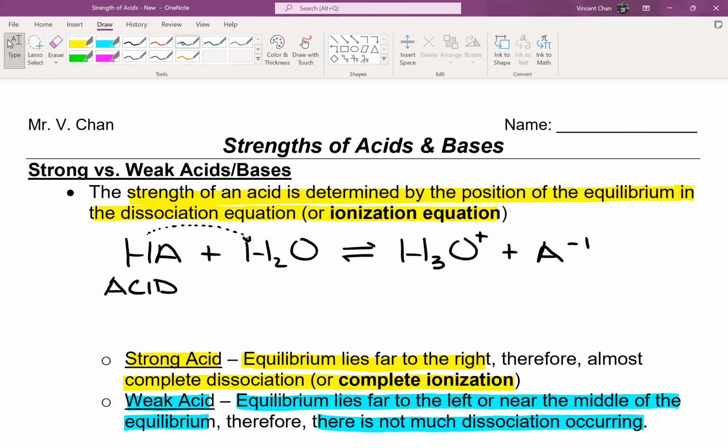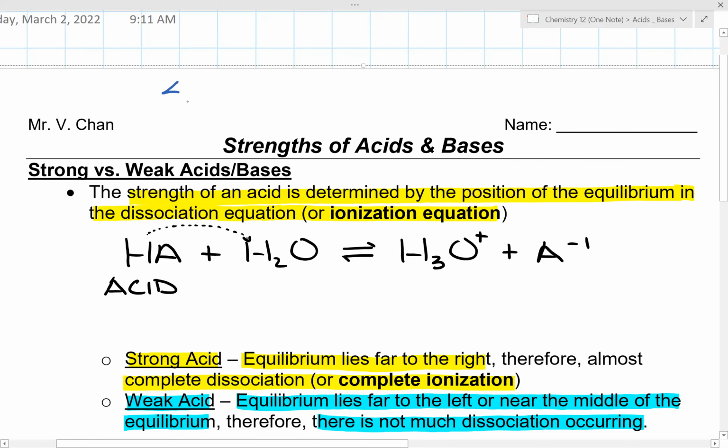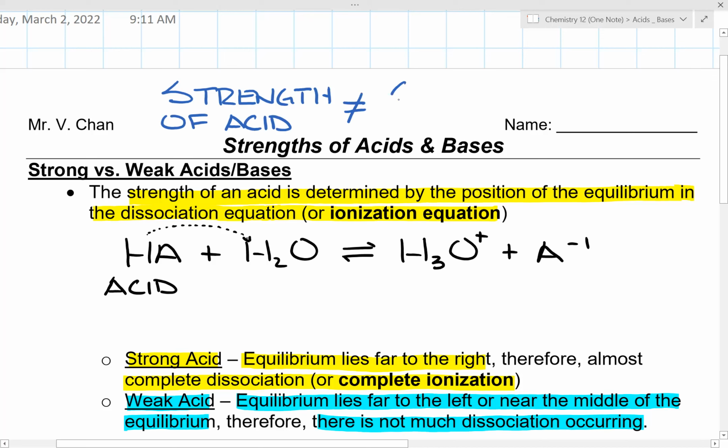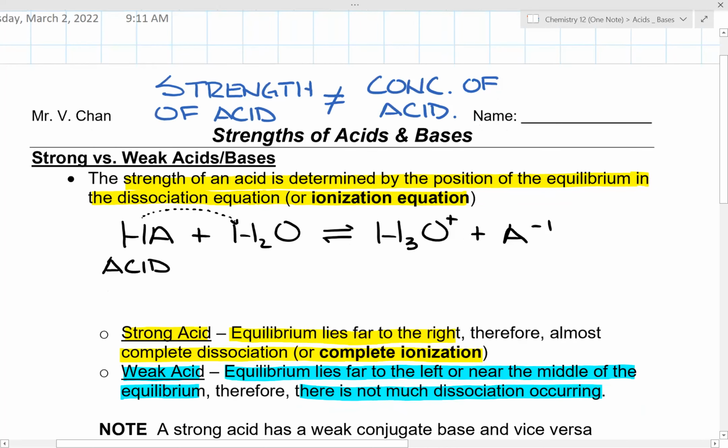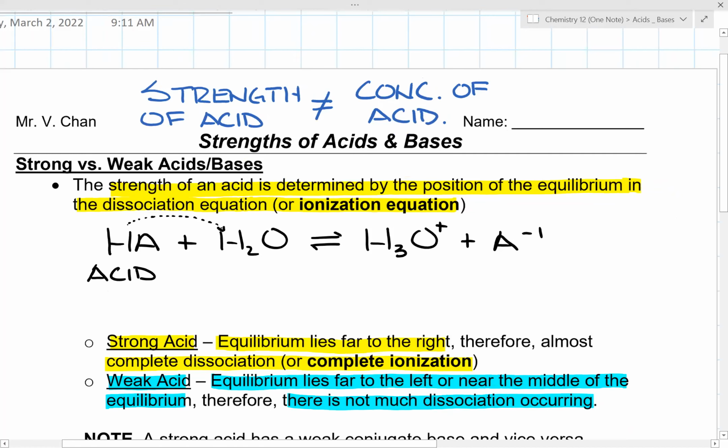Okay. Now, one thing I want to emphasize is this. When you think about a strong acid, the strength of an acid is not the same as the concentration of acid. Strength of acid is talking about how far the equilibrium lies, whether to the right or to the left. Concentration of acid is talking about how much stuff is packed into 1 liter of solution.